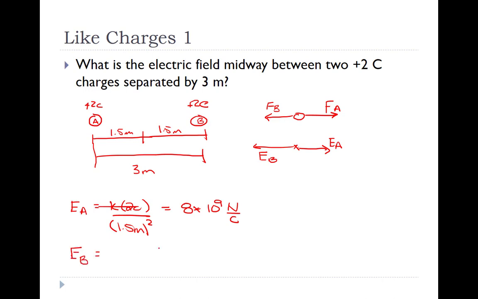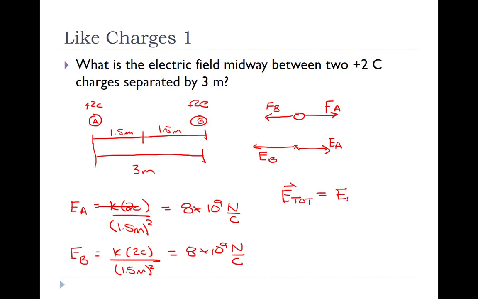And from charge B, it's K times 2 coulombs divided again by 1.5 meters squared, which is also 8 times 10 to the 9th newtons per coulomb. And now I can write the total field.